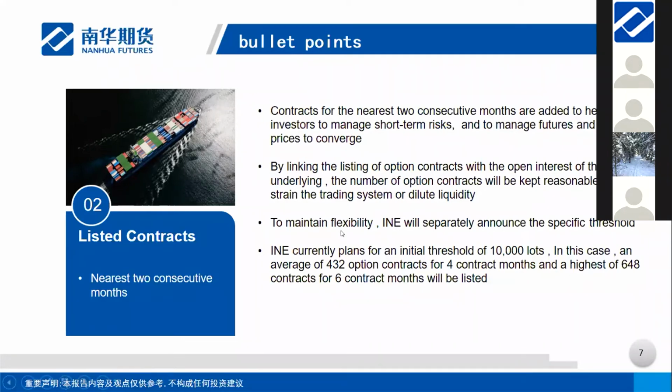To maintain flexibility, INE will separately announce the threshold. Currently, INE plans an initial threshold of 10,000 lots. In this case, an average of 432 option contracts for 4 contract months, and a highest of 648 contracts for 6 contract months will be listed.